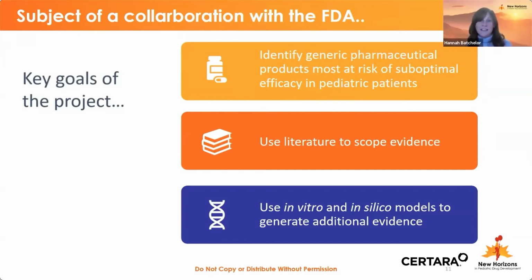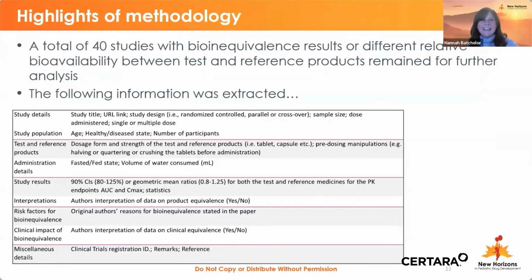We first had to scope the literature to find evidence of these products. So we identified 40 studies that had bioinequivalence results or different relative bioavailability. And then a whole lot of information was extracted from each of these studies. We were going to create a database of this information that we could then mine to really unpick the reasons for bioinequivalence and choose our most relevant case studies.